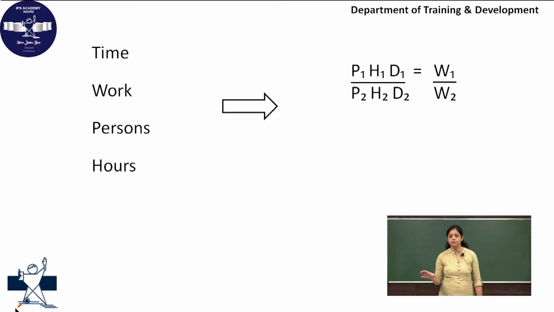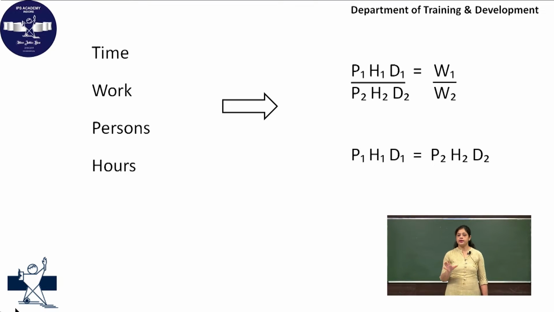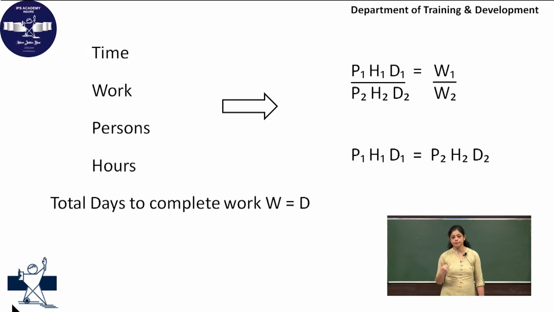That means quantity of the work is not mentioned. In that case the simple formula you can use as PHD1 equal to PHD2, where P is the number of person, H is the hours they are working for a day, and D is the number of days. ठीक है? So when work quantity is mentioned, first formula. When it is not mentioned, comes the second formula.